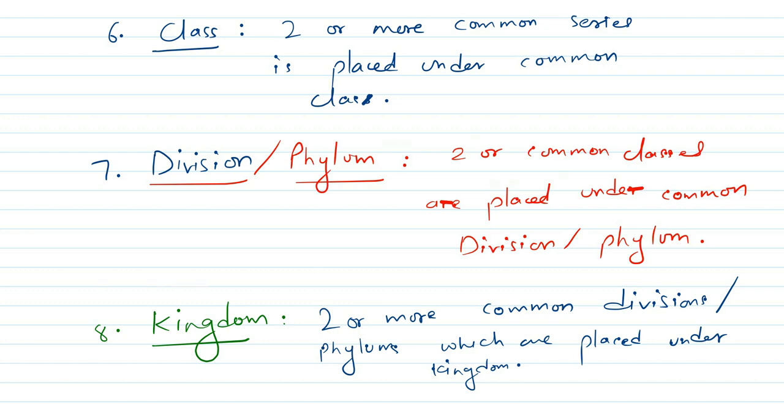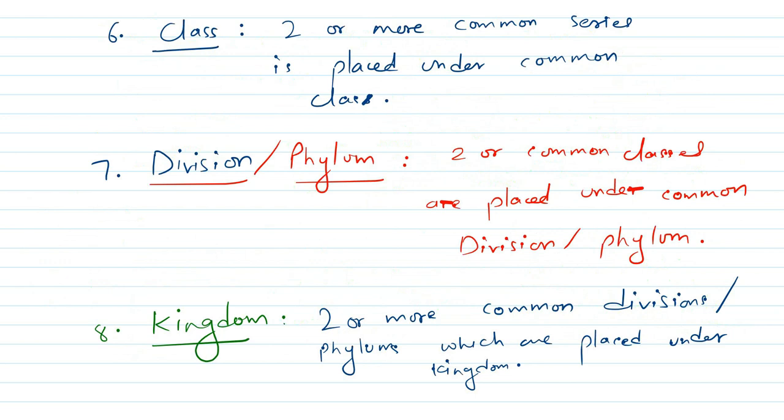Dear students, there are many more categories which are also called as subcategories, which are placed in between these major categories. For example, there can be a sub-kingdom, or there can be a subclass, or there can be a sub-series, likewise. But as far as your syllabus is concerned, you can remember these 8 categories.